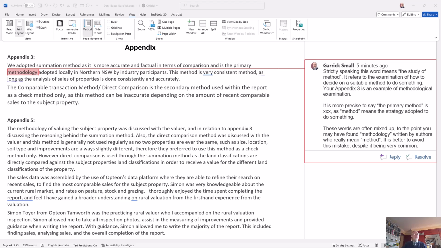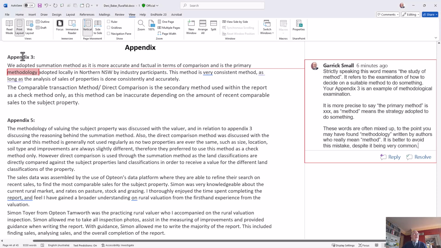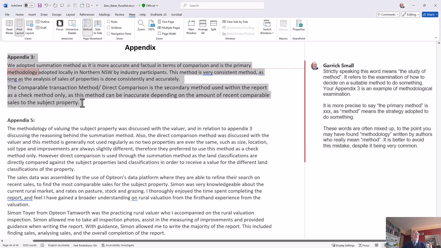In this case, we have a very nice appendix added to a report, which is a methodological statement, and a statement of why one method is better than another. In this case, we're talking about the comparable transaction method, rather than perhaps a different method, such as the cost approach or whatever. There are many methods that you can use to do a valuation.